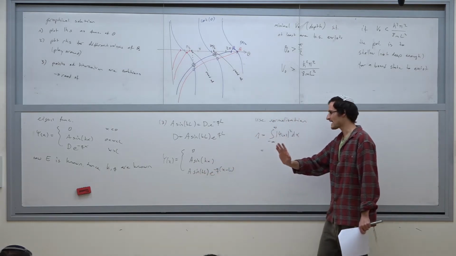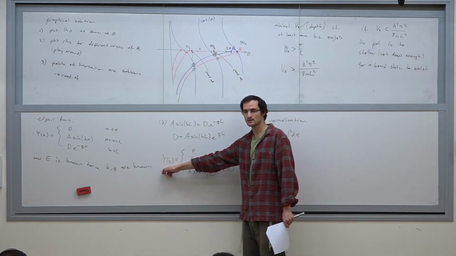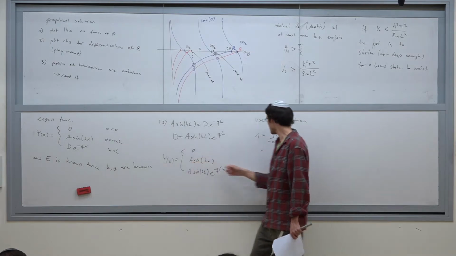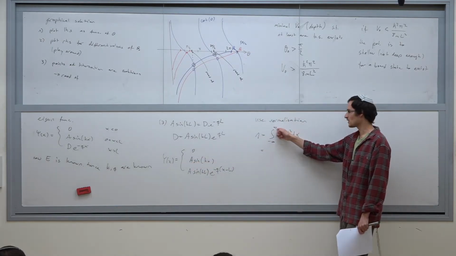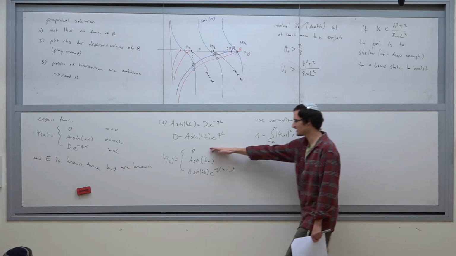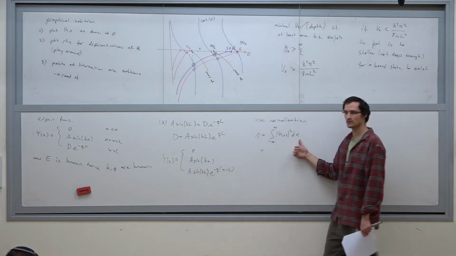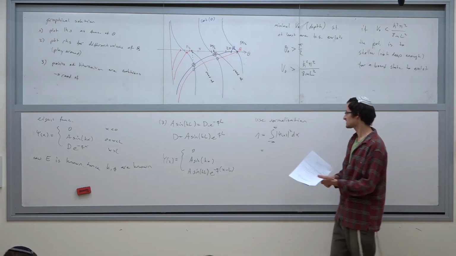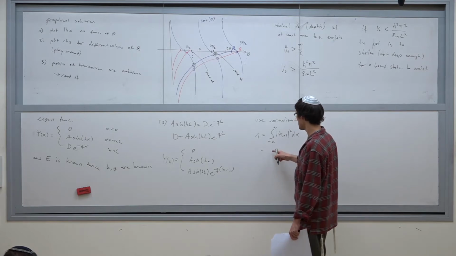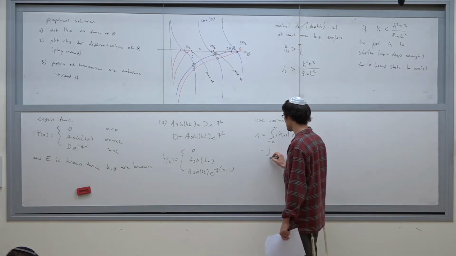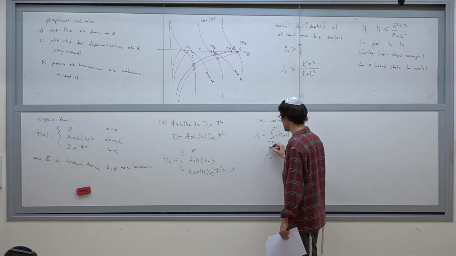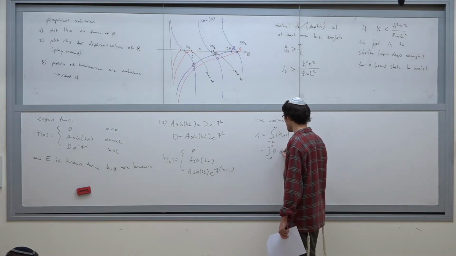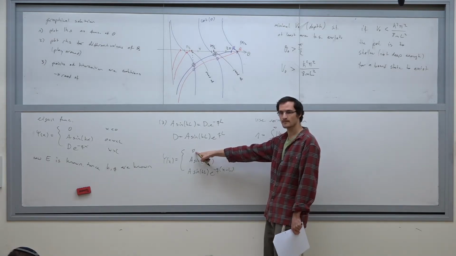No. I have to normalize psi. So the integral from minus infinity to plus infinity over the entire psi of x, so this and this and this, needs to equal 1. What I'm saying is that there's the integral from minus infinity to 0 of 0 dx. That's this part.